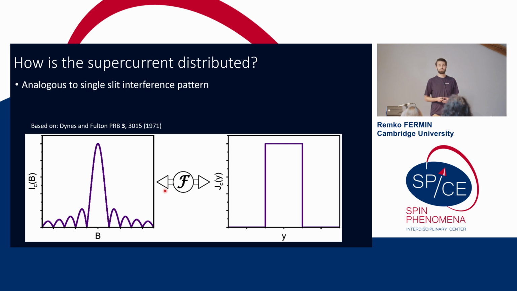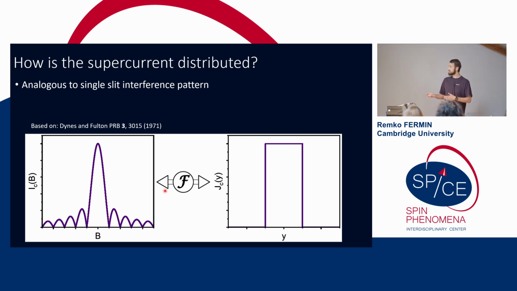There is a similar thing going on in a superconducting junction, as was found by Dines and Fulton in the early 1970s, namely that there's a Fourier relation between the superconducting interference pattern, so this is the critical current or maximum supercurrent the junction can sustain, and the magnetic field.